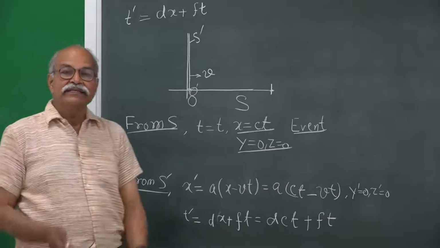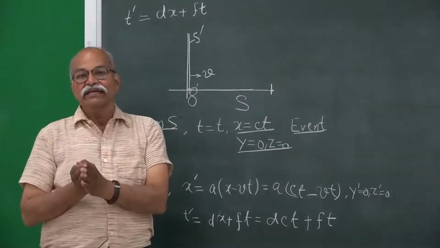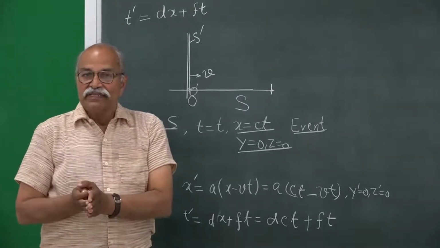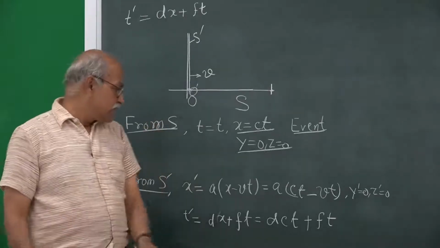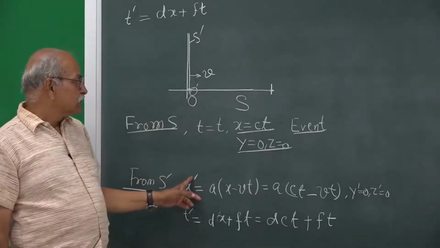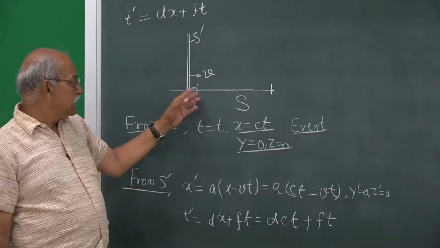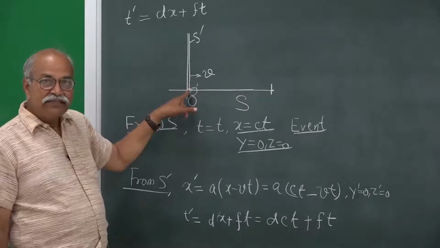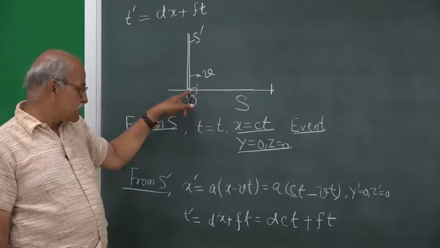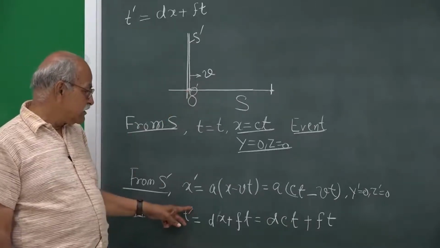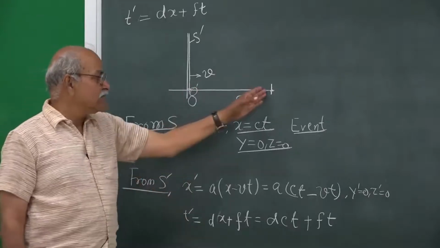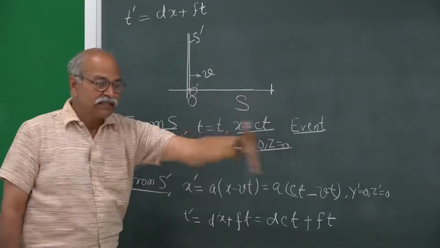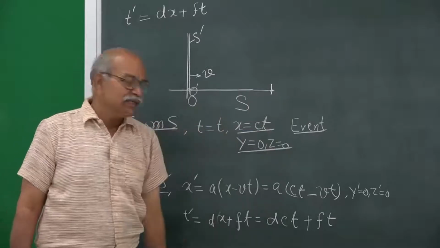How much is the distance covered by this light pulse in S prime? The distance covered is x prime, because in S prime also it was generated at the origin, and at time t prime the leading edge of the pulse is at x prime on the x axis.